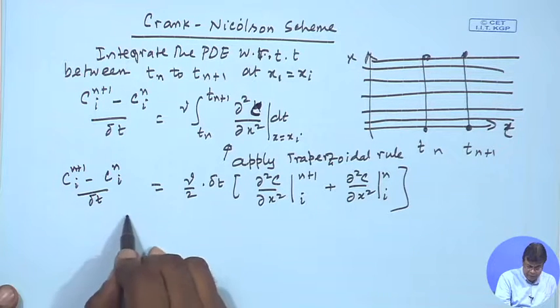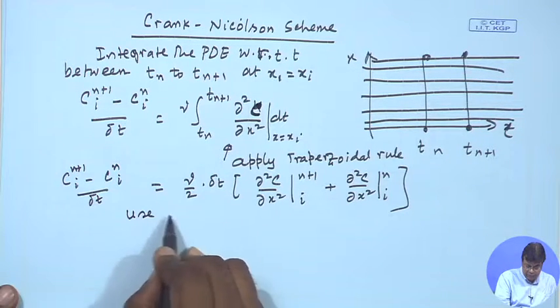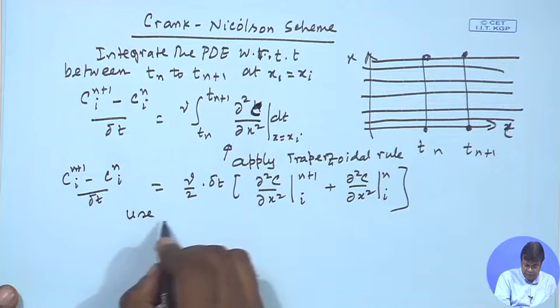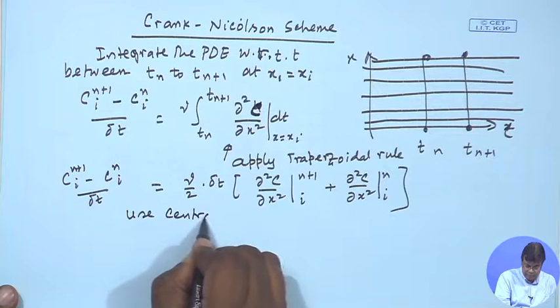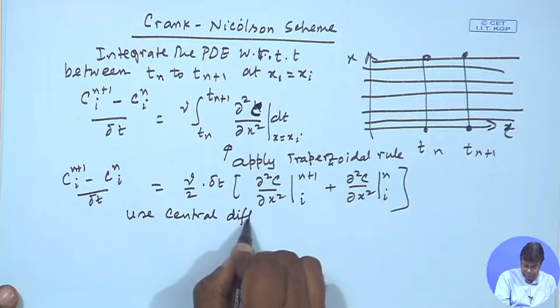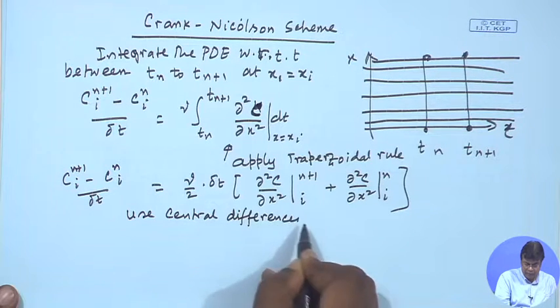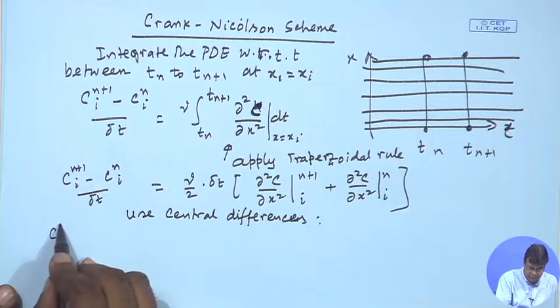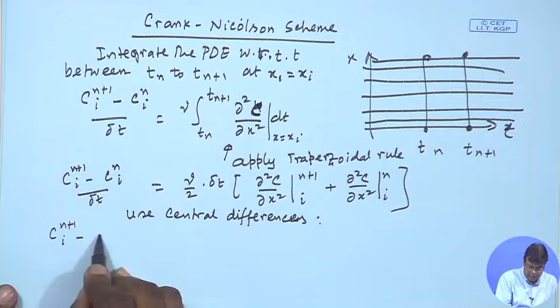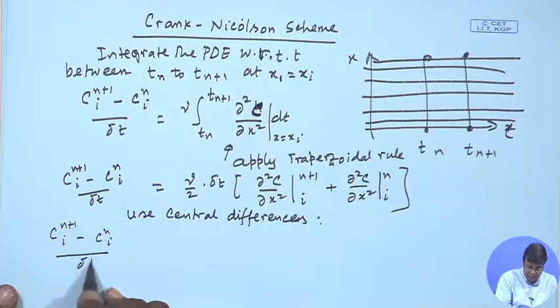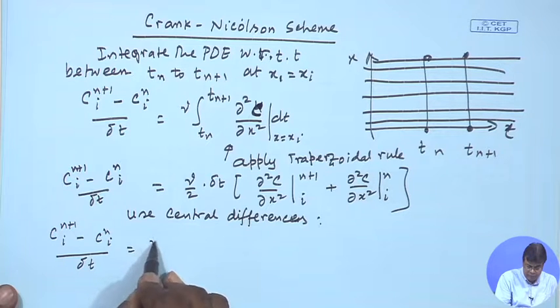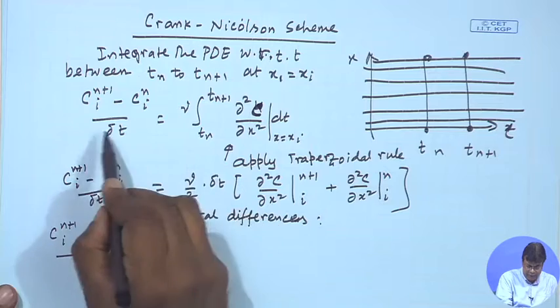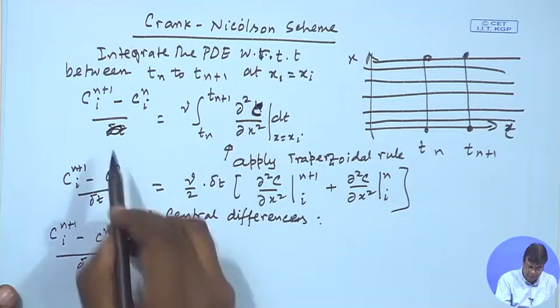Now we use the central difference scheme. So what do I get? If we use central differences, we get C n plus 1, i minus C n, i by delta t equal to, oh, I'm sorry, this delta t should not appear here.